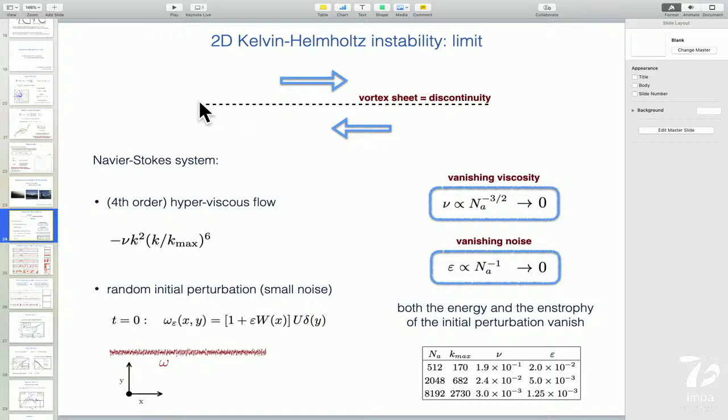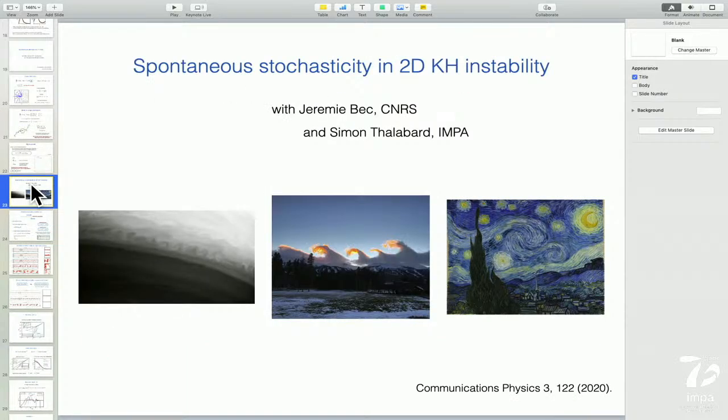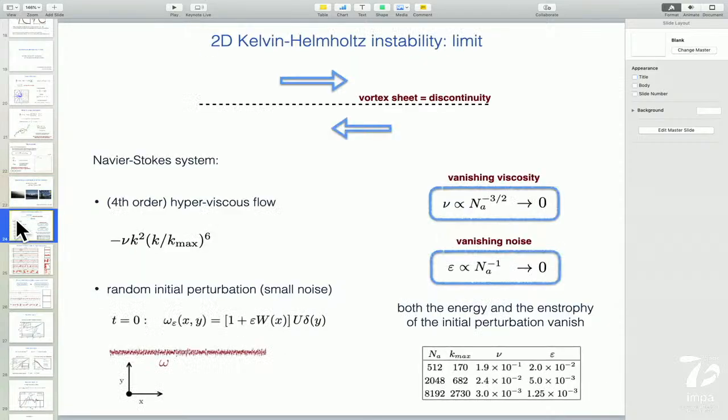But whenever you put some perturbation here, this situation changes tremendously. Whatever small perturbation you put, it's unstable. So it will develop large-scale structures. And the smaller the viscosity, the more complex the structures will be.